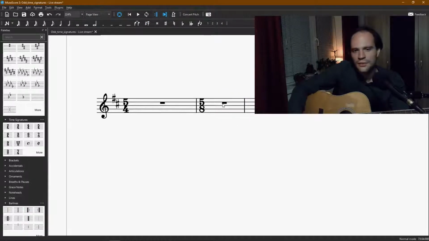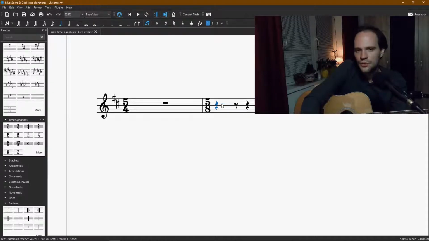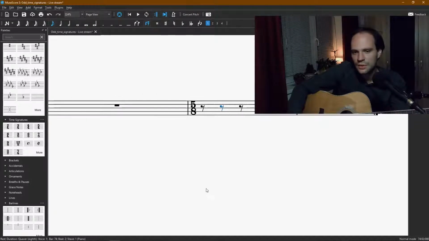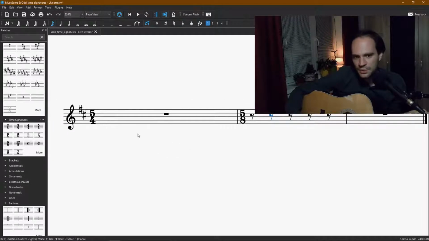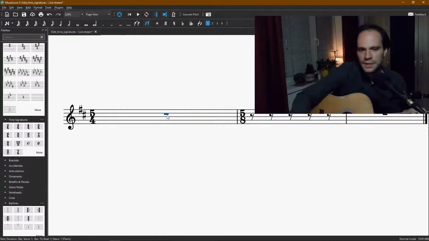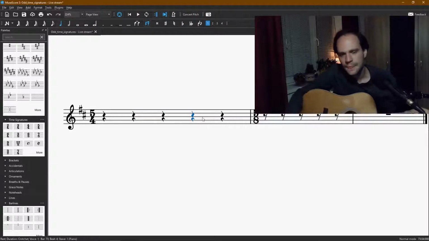Here we go. So here we have a 5/4 and a 5/8. Of course, first of all, the most obvious thing is that in a 5/8 time signature, we have 5 beats, and 1 beat lasts an eighth note. That's the most obvious difference between 5/4 and 5/8, because in 5/4 we have 5 beats and 1 beat lasts a quarter note.